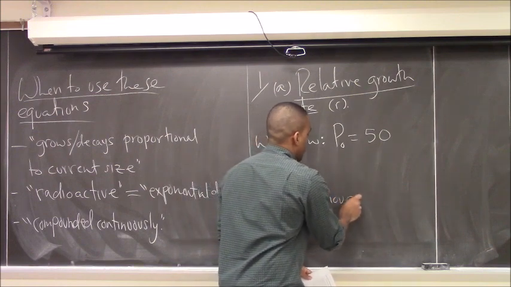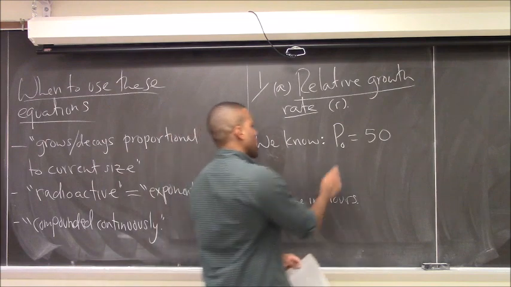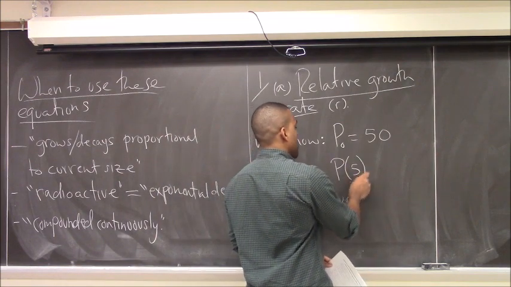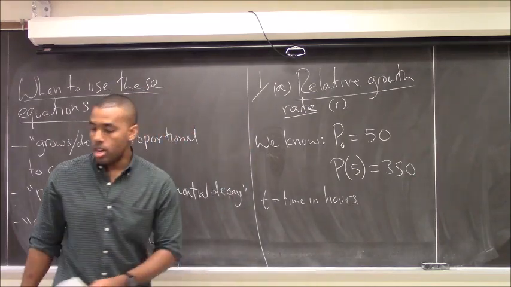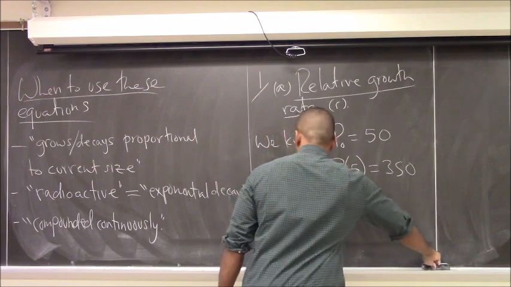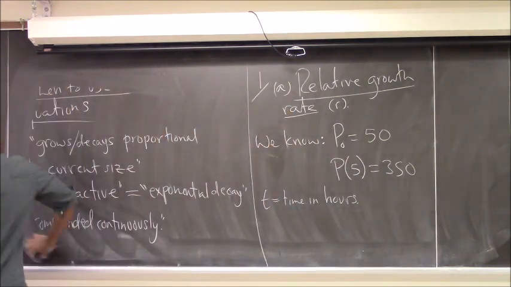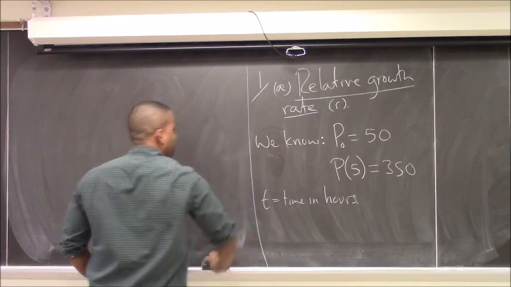So what else do we know if I consider that? It's 5 hours, from 10 to 3. So I know P when t is 5. I know P of 5 is 350. How can I use that information to find r? We plug it into the formula. Which formula? The P naught formula.